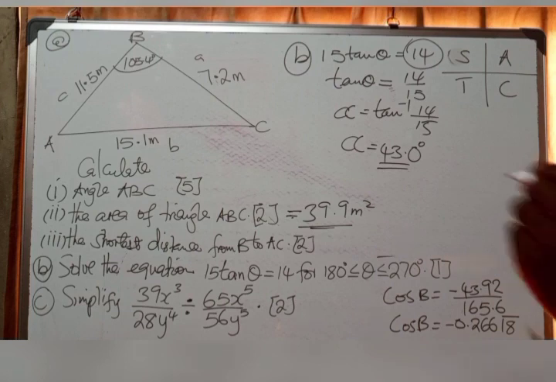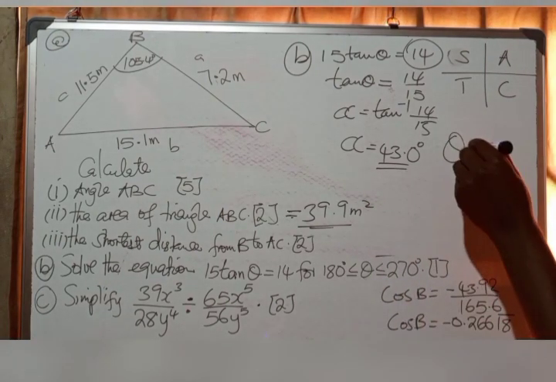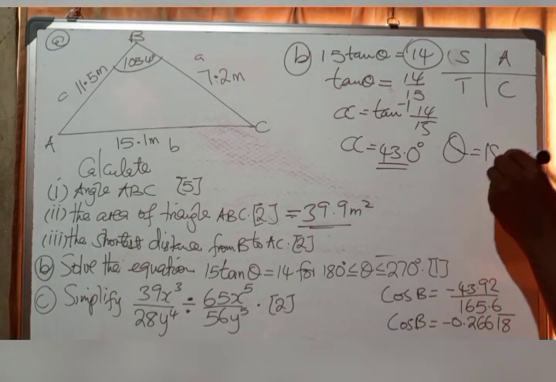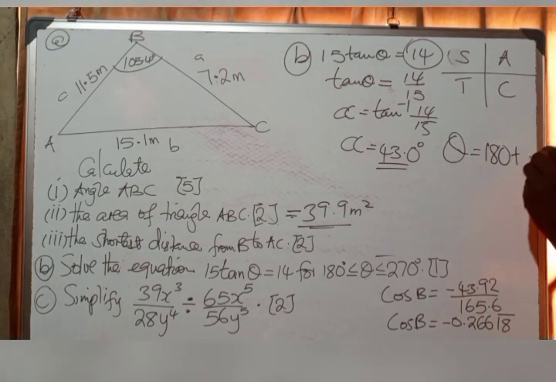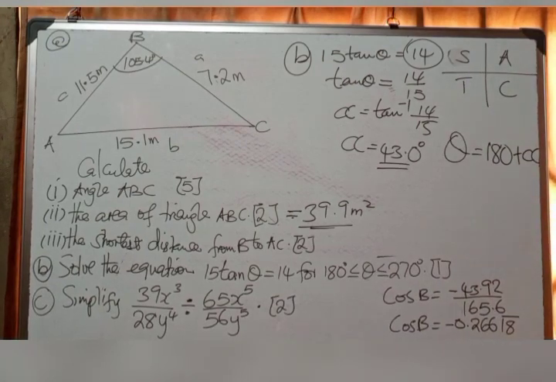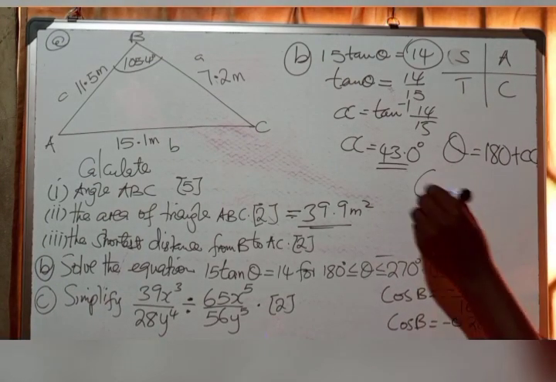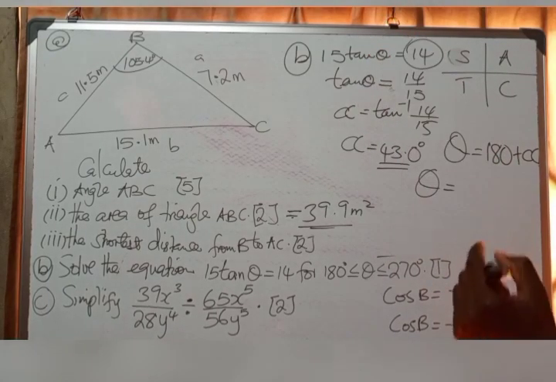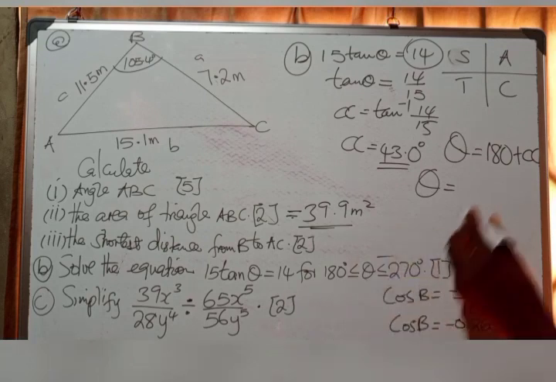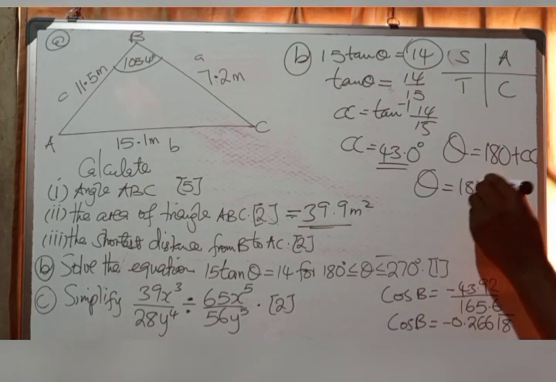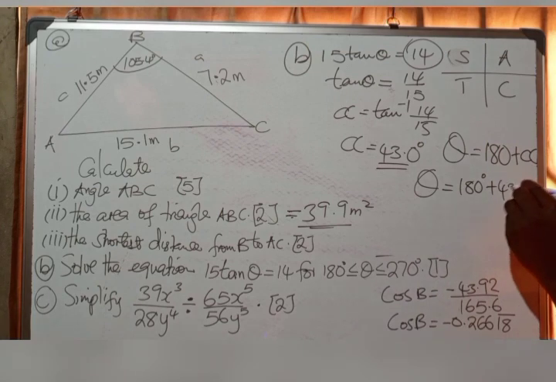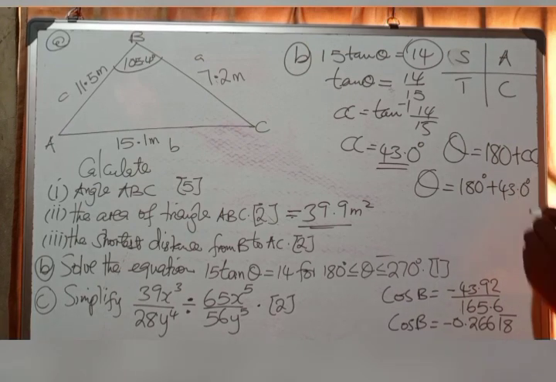Now, how do we find theta in that quadrant, which is the third quadrant? Theta is found by saying 180 plus the reference angle. Because we are solving, we are finding theta, it will be 180 degrees plus the reference angle we found, which is 43.0 degrees.